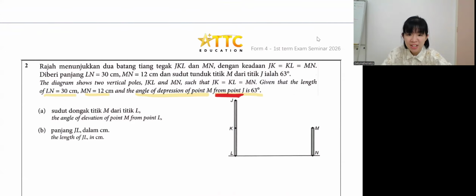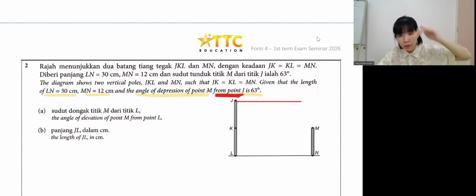From J. So you find J. Okay, J here. Angle of depression means go down. So do not straight away draw a line going down like that. No. So first, you have to draw a horizontal line, eye level. You must draw a horizontal line from where you view from, that point.